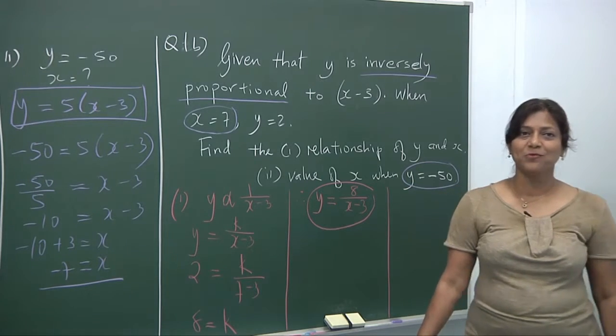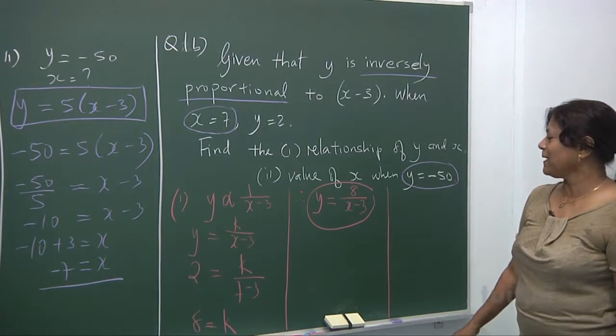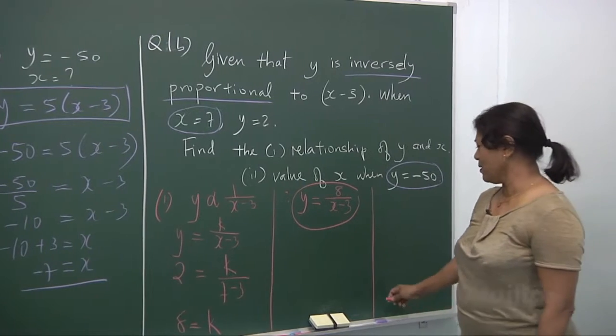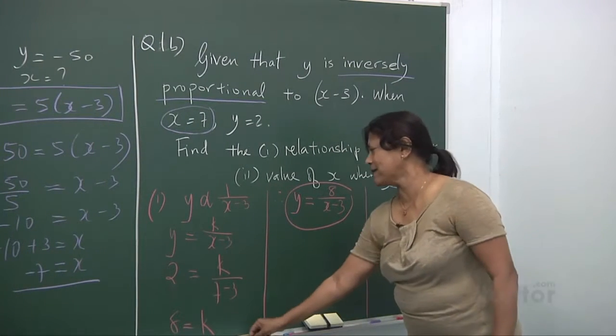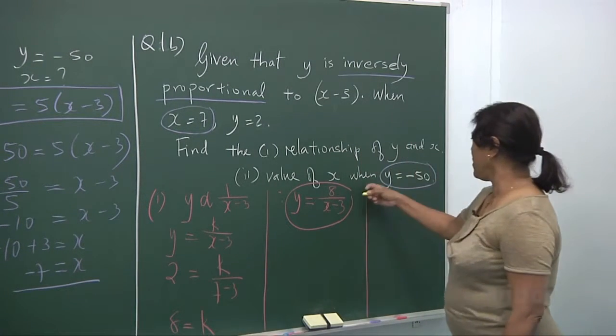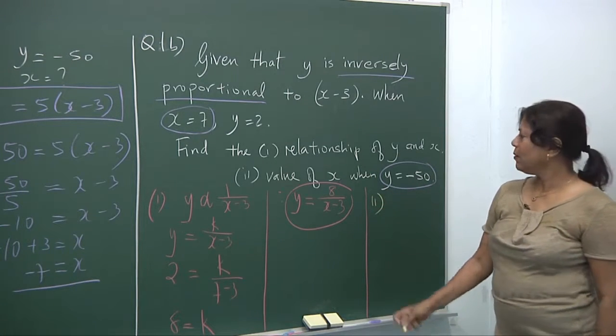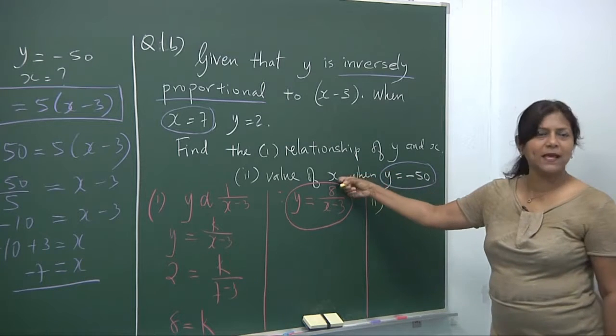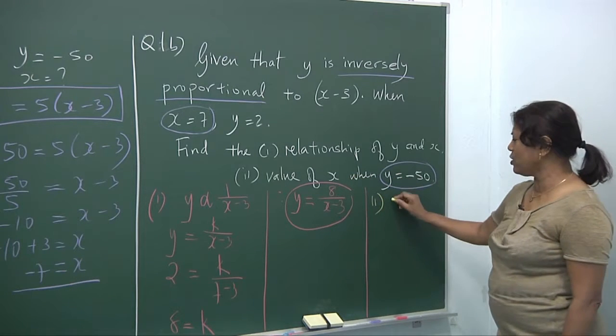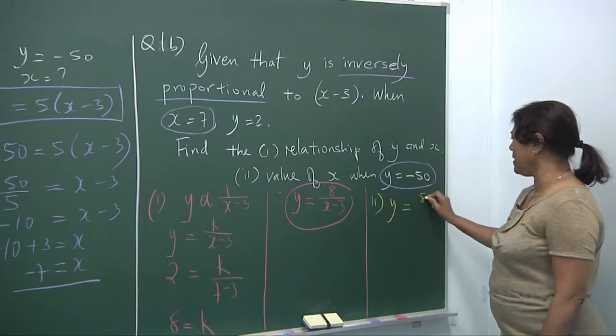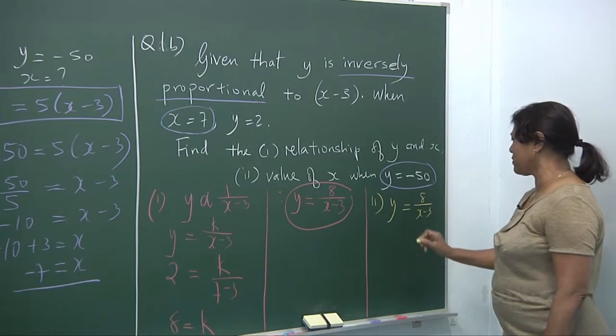Alright, the inverse relationship. Now the second part of the sum, they ask you to find out the value of x. What is x when y is minus 50? So you said, oh, when y is minus 50, what is x? You've got this relationship, y equals 8 over x minus 3.